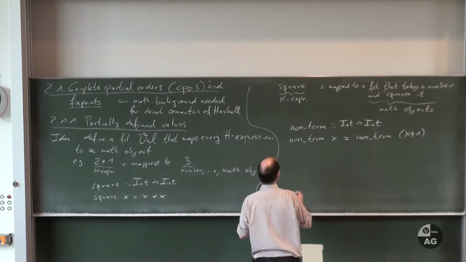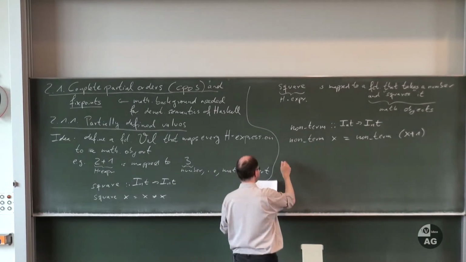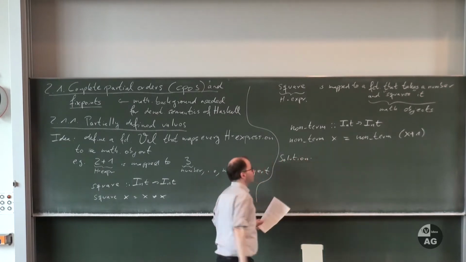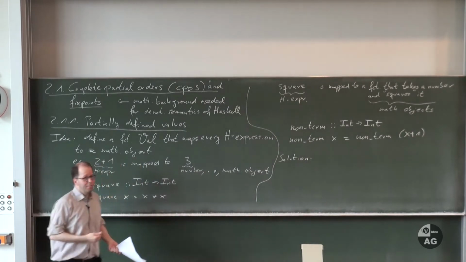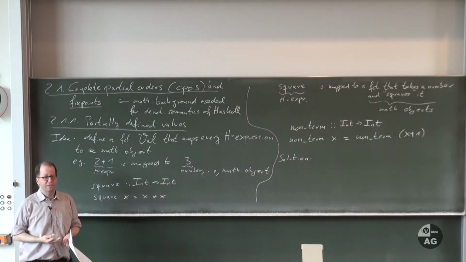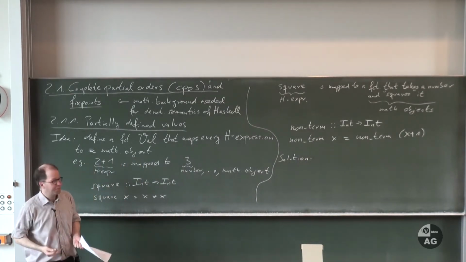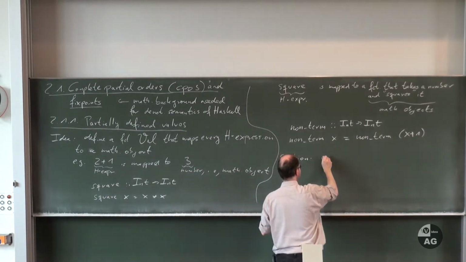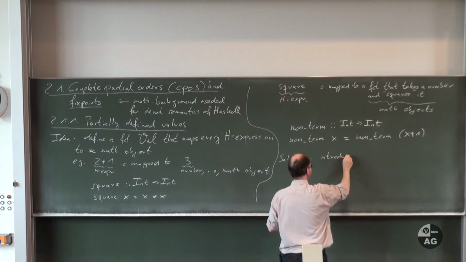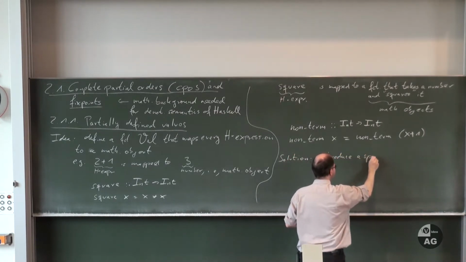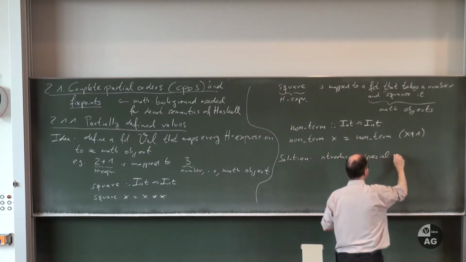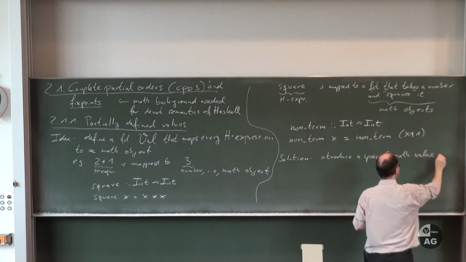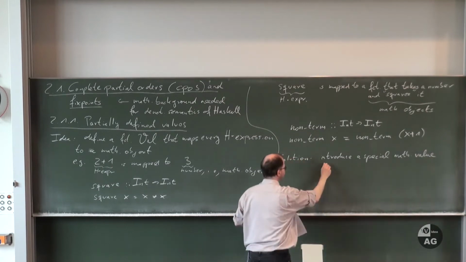Well, the solution is we will not only regard numbers, but we also have to regard values that stand for undefinedness. So we introduce a special mathematical object or mathematical value which stands for undefinedness, and this is written like this.